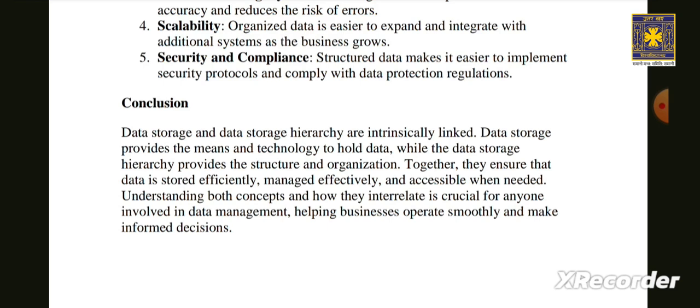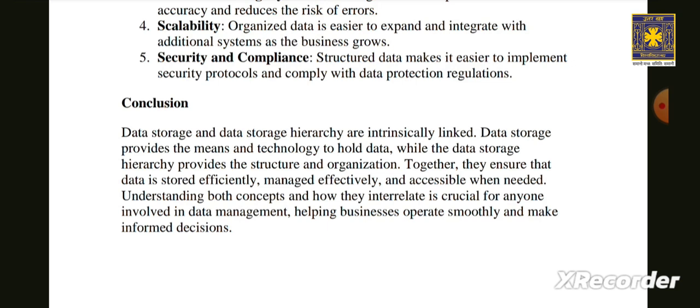Standing at the end point of this lecture, we have drawn an overall conclusion: data storage and its hierarchical structure are essential for businesses to organize, manage, and protect their valuable information effectively.